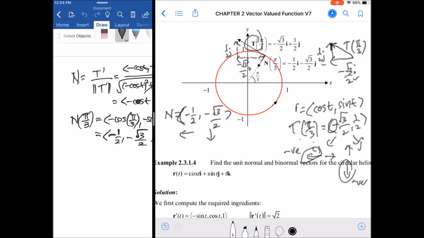Starting from exactly the same point, we have negative 1 over 2 to the left and then downward negative square root 3 over 2. Thus we have this as our normal vector.